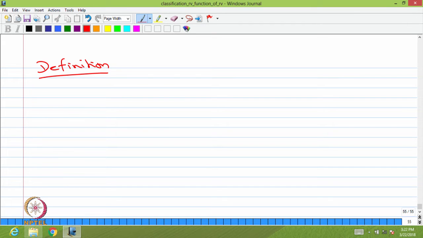We start with the two-dimensional random variable. Let x comma y be a two-dimensional random variable.